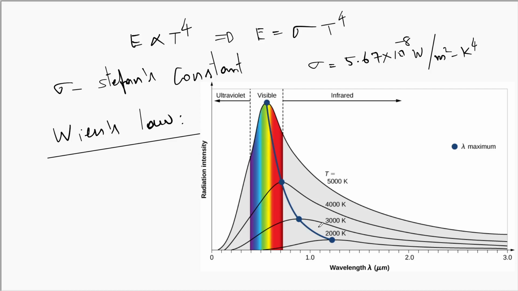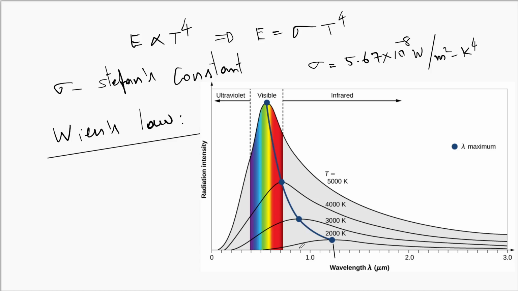In all these curves, the maximum radiation intensity occurs for one particular wavelength. For the lowermost curve, at 2000 Kelvin, we have the lambda maximum here. The lambda maximum is the wavelength for which the intensity of radiation is maximum in that curve.